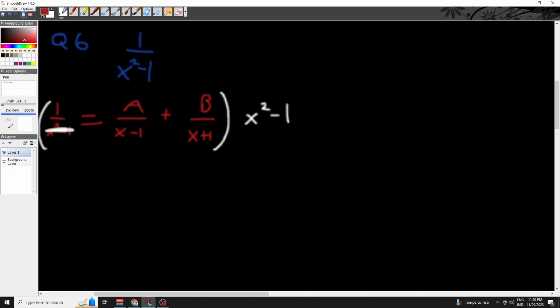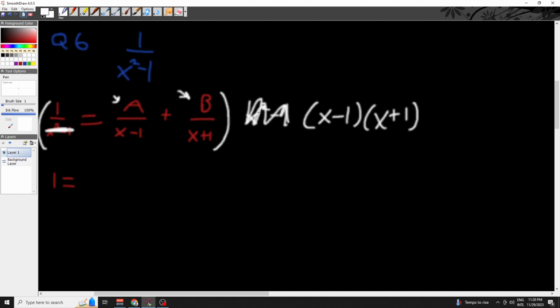Oh, okay. That will give us 1 is equal to, I forgot to say, since this is x squared minus 1, we can essentially also just break this apart into x minus 1, x plus 1. That'll cancel out one of these terms from each of these. So for a, it'd cancel out x minus 1 and just leave it with a x plus 1 on top.